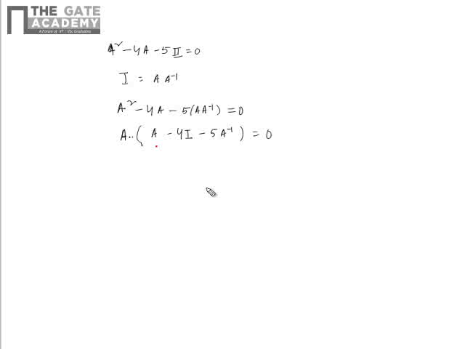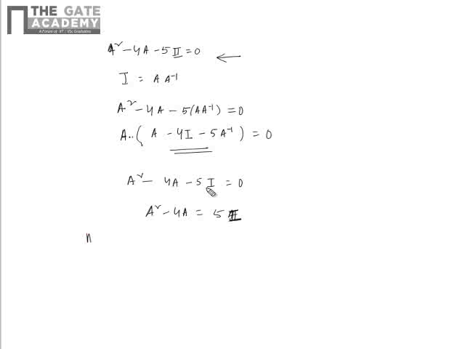Null matrix, you can understand in this way. Probably the best way is to take this matrix, a square minus 4a minus 5i is equal to null matrix. That 5i I can take to the other side.